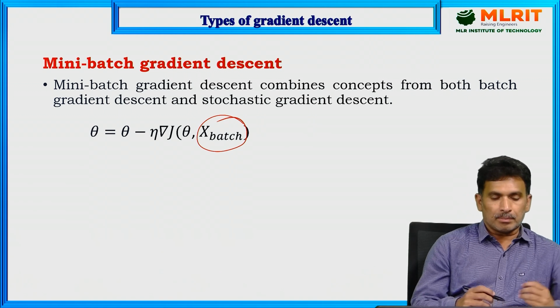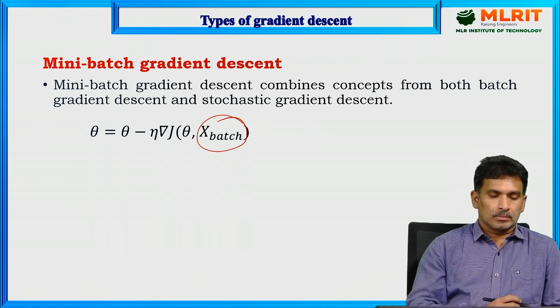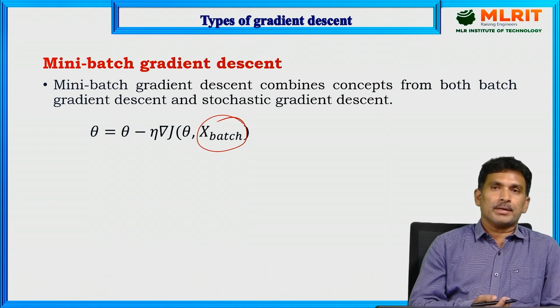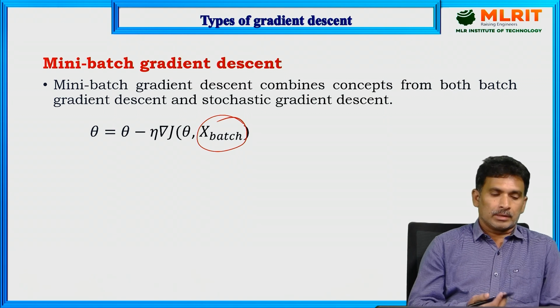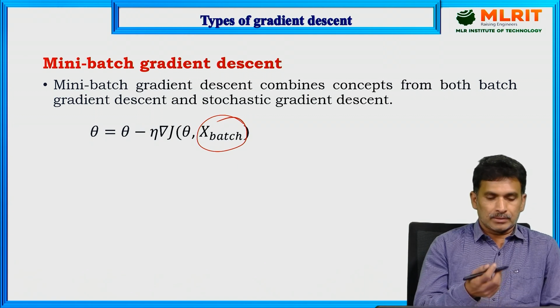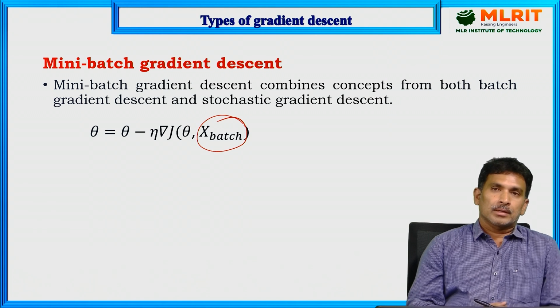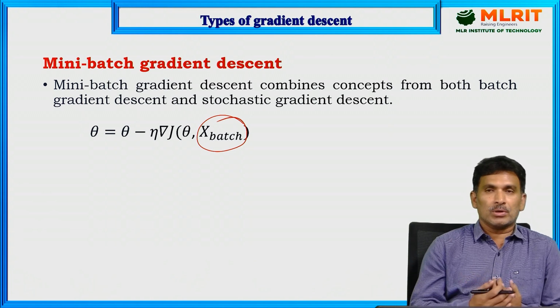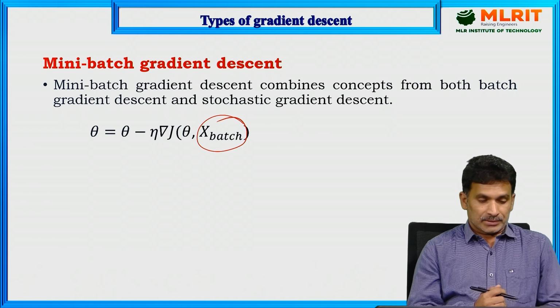When we compare this, the stochastic gradient can be considered a mini batch gradient where the batch size is equal to 1, whereas the batch gradient can be considered a mini batch gradient where the batch size is equal to the number of samples in the data set.